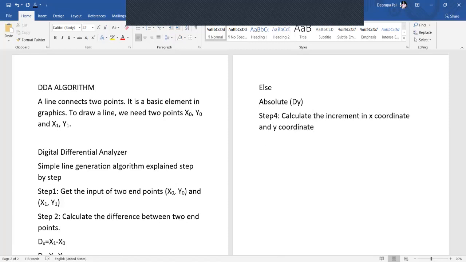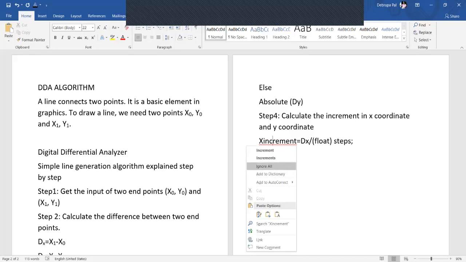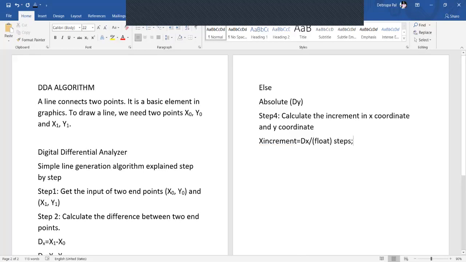Now, how to calculate? We calculate it as x increment is equal to dx by, we typecast it by float, steps. This is the value of x increment.